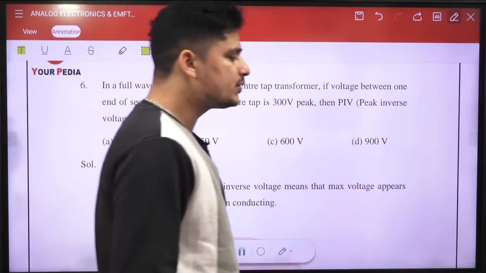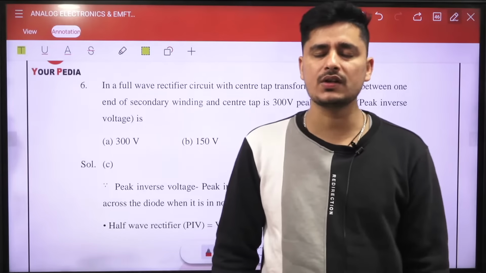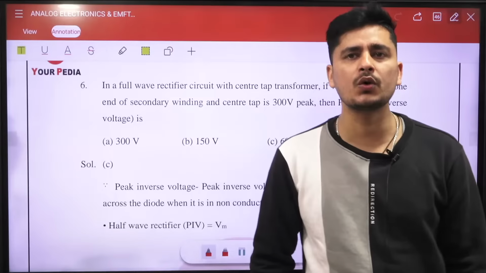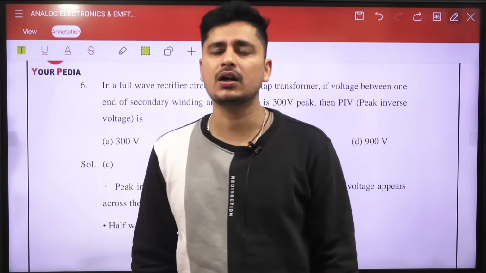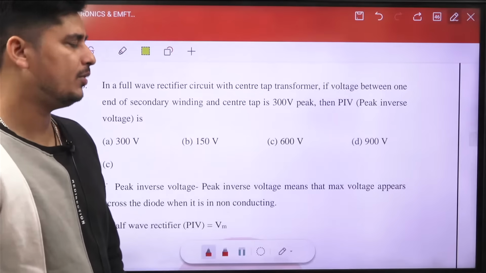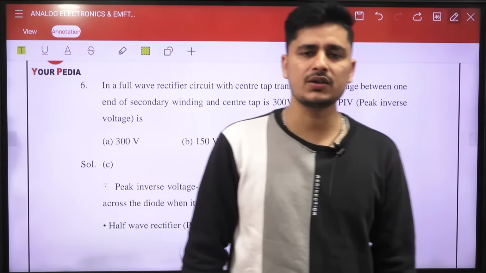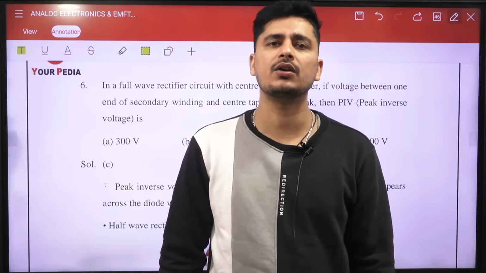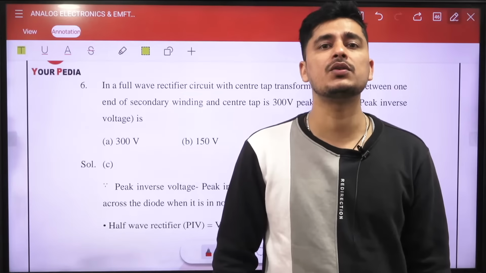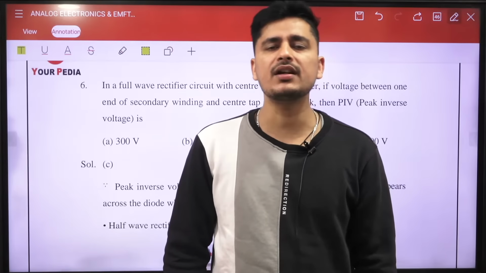Whenever you are using the rectifier, inside the rectifier your diodes are reverse biased, so how much voltage will be across the diode in reverse bias? Generally, if a higher voltage is across the diode, it will be burned out. So we try to use a circuit with low peak inverse voltage, because every diode has its limit.